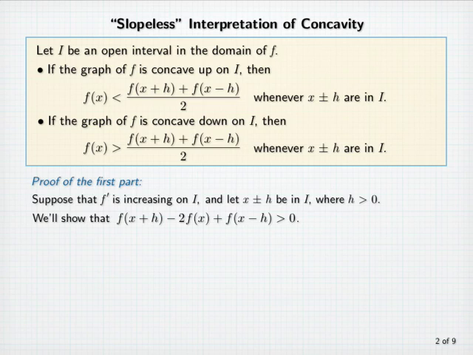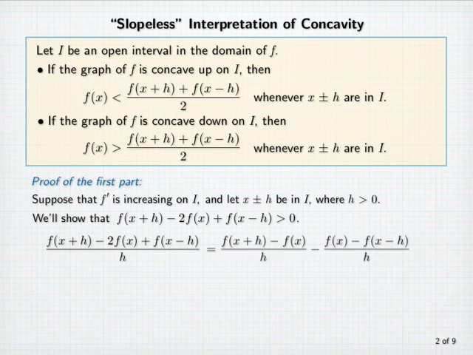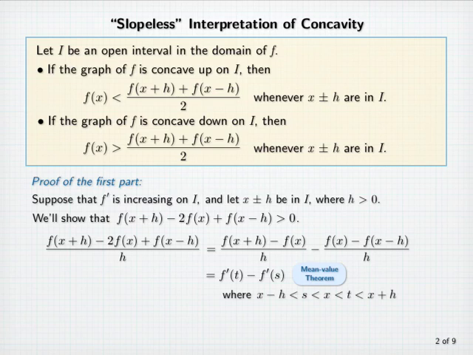Now let's divide the left side of that inequality by a positive h, and split the fraction into 2, and notice that each has the form of a difference quotient of f. So by the mean value theorem, each of these is equal to some value of f prime. So we have f prime of t minus f prime of s for some number s between x minus h and x, and some number t between x and x plus h.